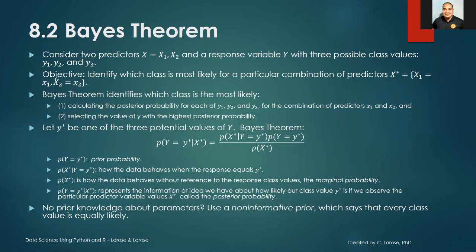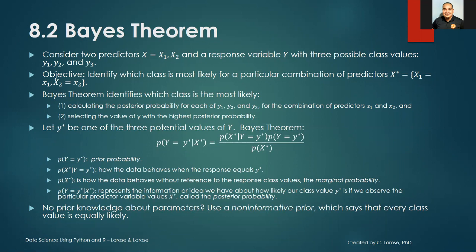Let us call this combination x asterisk equals (x sub 1 equals x sub 1, x sub 2 equals x sub 2). We can use Bayes' theorem to identify which class is the most likely for a particular combination of predictor variable values by, number 1, calculating the posterior probability for each of y sub 1, y sub 2, and y sub 3 for the combination of predictors x sub 1 and x sub 2.